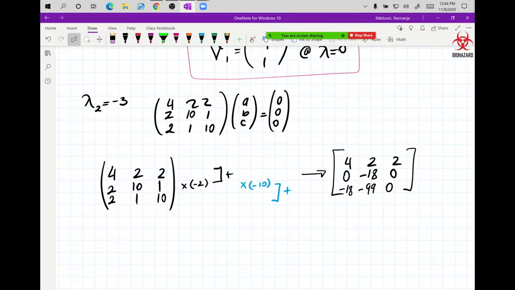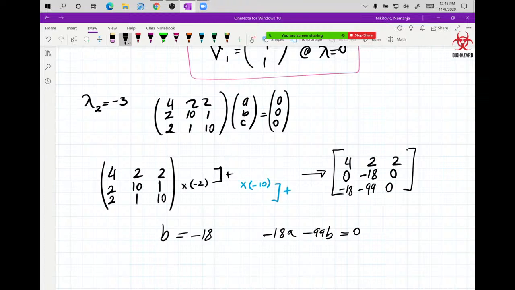Let's try it. If B is equal to -18, then -18A minus 99B needs to be equal to 0.